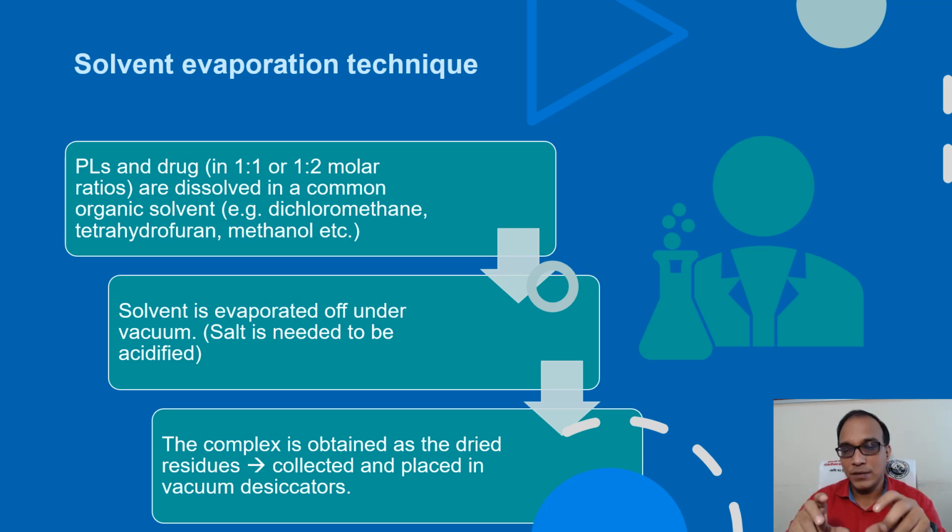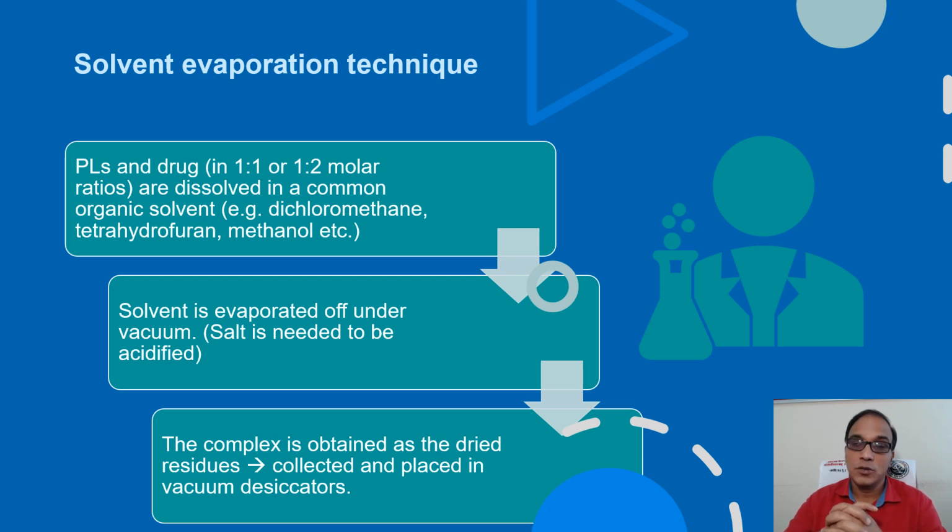When you have dissolved them in a common solvent, what is the next step? The solvent is evaporated off under reduced pressure, under vacuum. For synthetic drugs which are in salt form, they have to be converted into the acid or base form for adding to the common solvent.